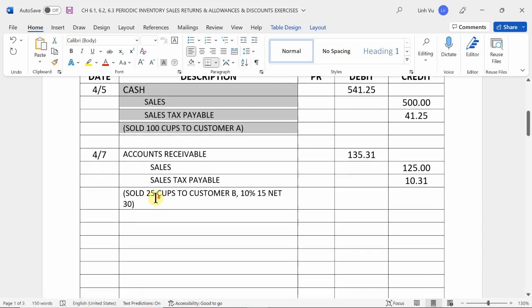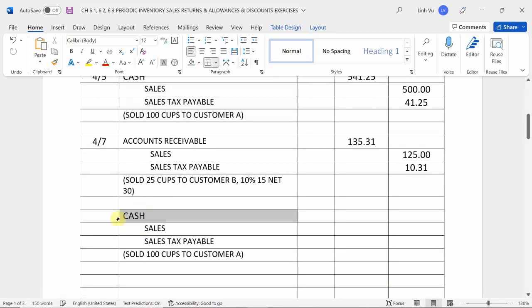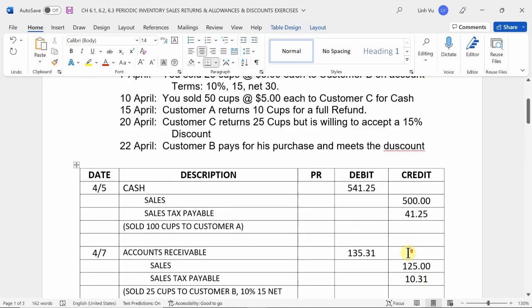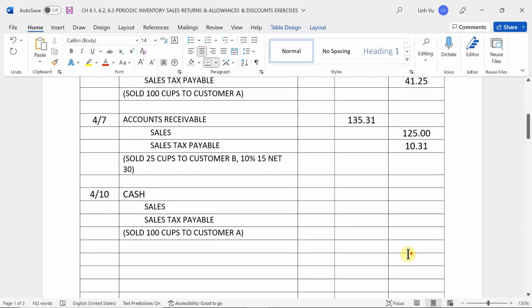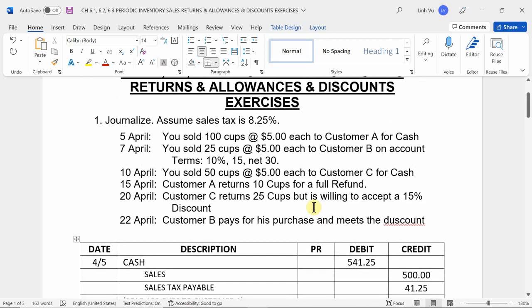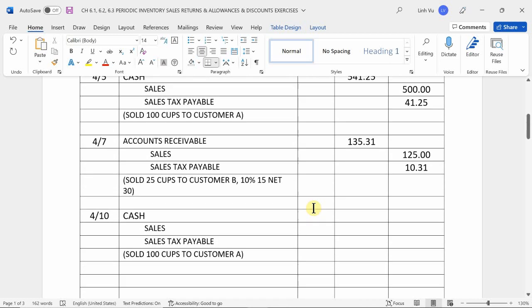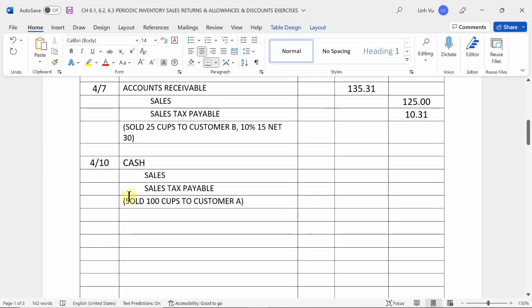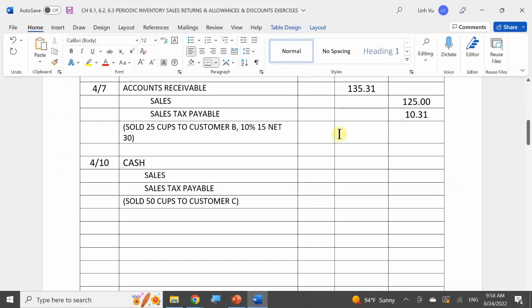Okay, so I'm going to copy and paste here because this is the exact same transaction for April 10. But this time my numbers are different. I sold 50 cups at $5 each to customer C for cash. That's $250, since 50 times 5 is 250.